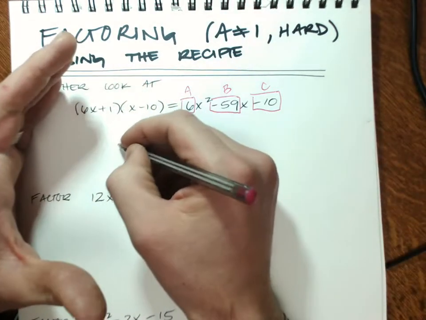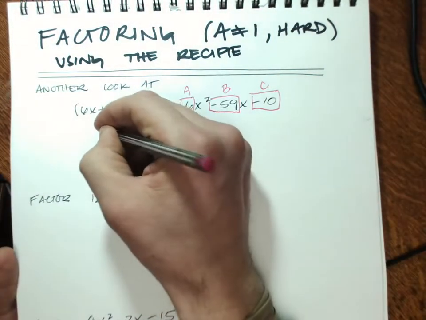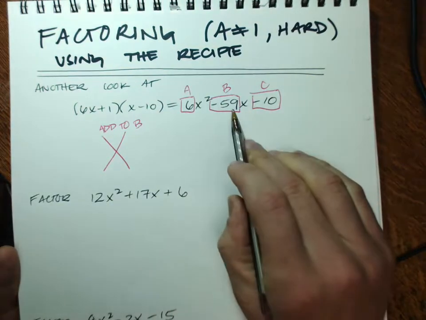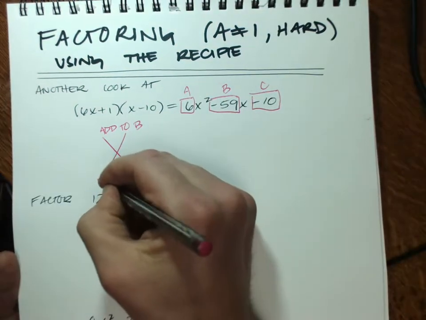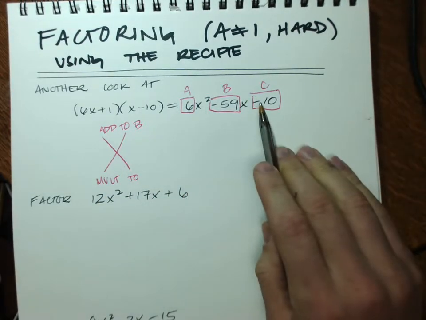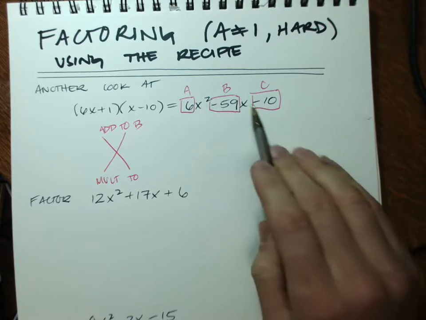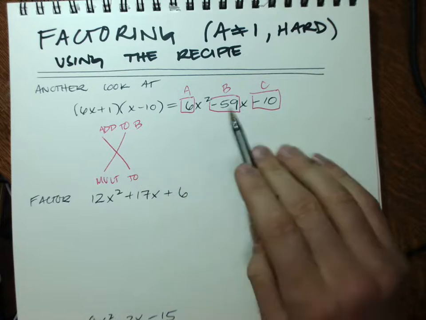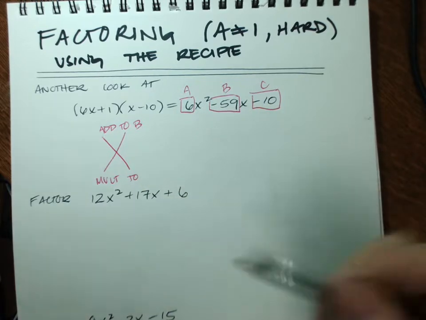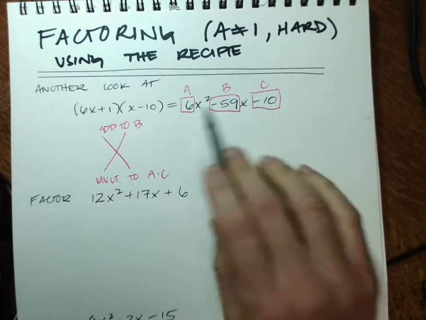The trick is to think about which numbers add to the b value, which is negative 59 in this case, and then multiply to not just c, like in some of the previous simpler examples, but to account for this 6 we have to multiply these two together.